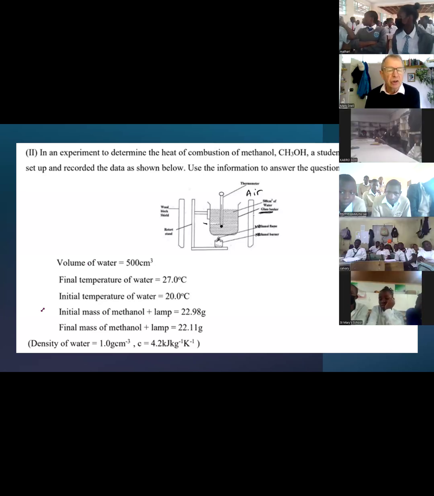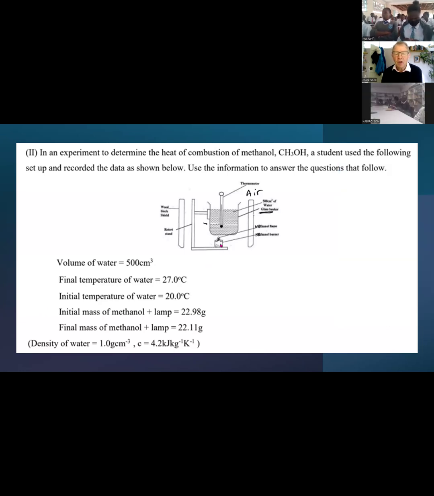In this question, we have a small burner underneath, at the bottom. This burner contains some alcohol. It might be ethanol, hexanol, doesn't matter. And it is being used to heat up some water. We have to measure the water first. In this case, they have 500 cubic centimeters.